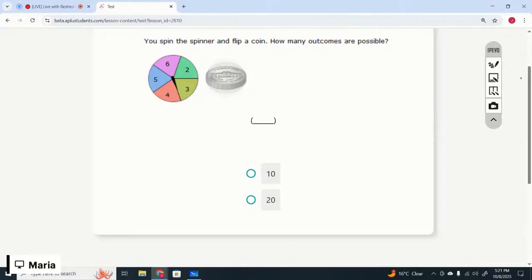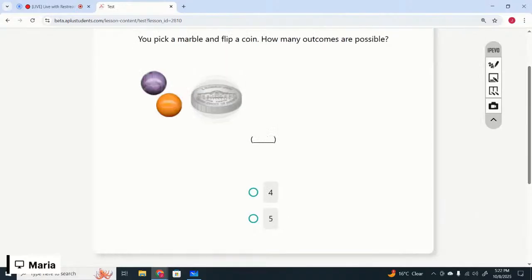You spin the spinner and flip a coin. How many outcomes are possible? 2 times 5 is 10. Option number 1 is the correct option. 10 it is.